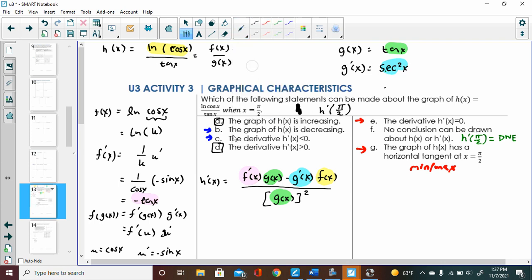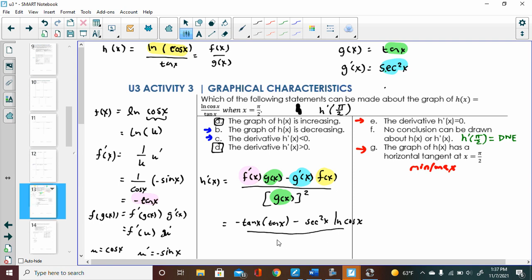So I'm just going to plug these things in. I get h prime of x equals negative tan x times g of x, which is tan of x, minus secant squared x times natural log of cosine of x, over g of x squared, which would be tan squared x.